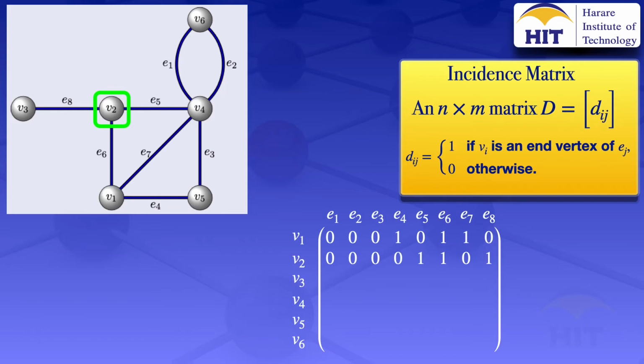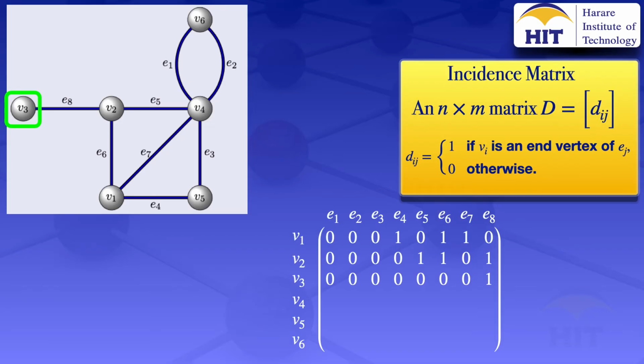And we are done with the second row of our incidence matrix. We go on to the third row where we are now looking at vertex number 3. Vertex number 3 is an end vertex for edge 8 only. So it will have a 1 where we have E8 and 0 otherwise. So we are done with vertex number 3.